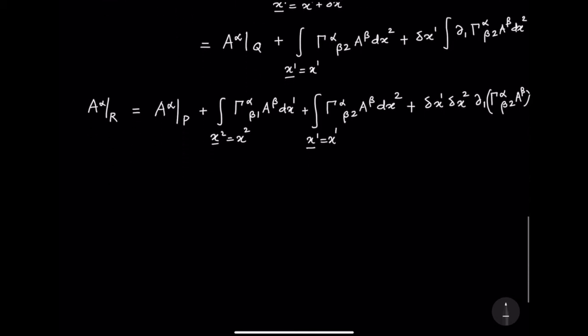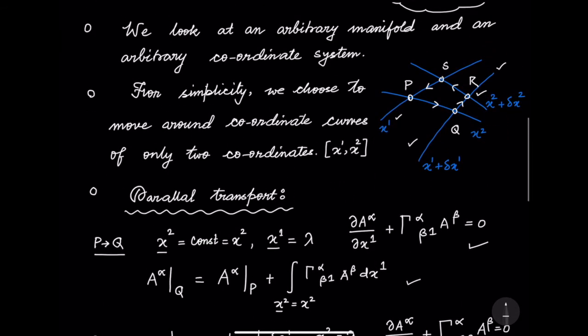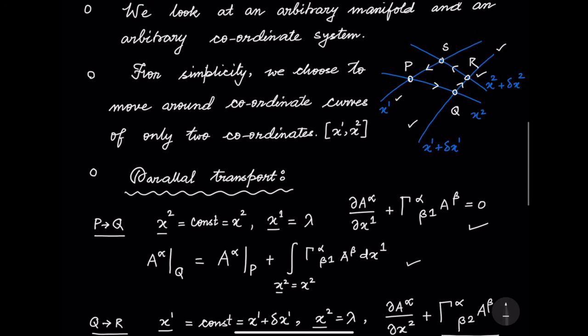Let's go from R to S now. So R to S. Let's see what it is. As I go from R to S, you see that the coordinate changes in the opposite direction of the parameter. And because of that, it will be just like P to Q, but now with a minus sign. And in R to S, x2 is constant at x2 plus delta x2.